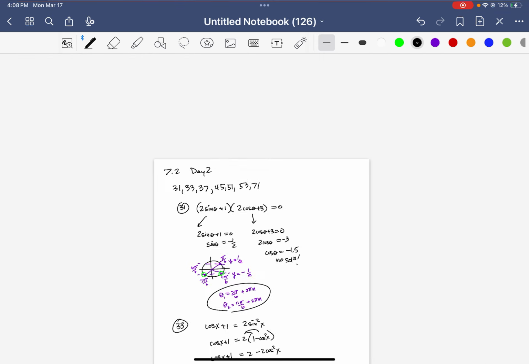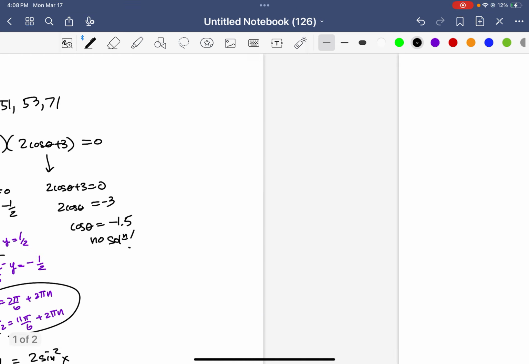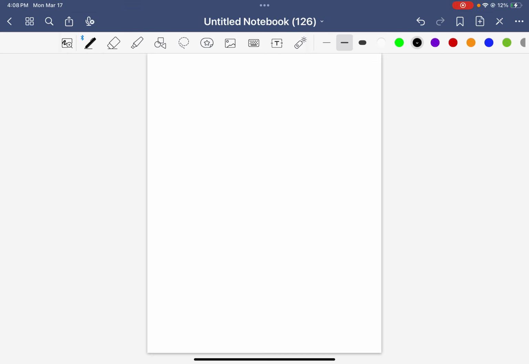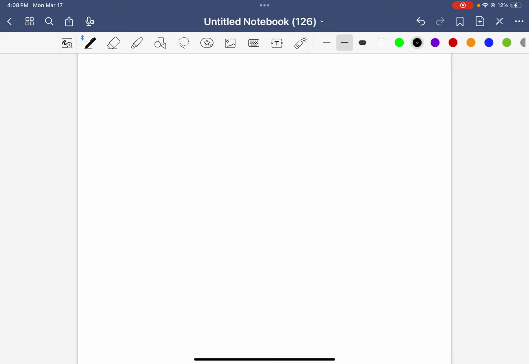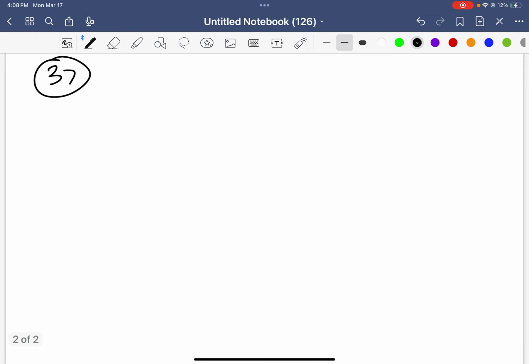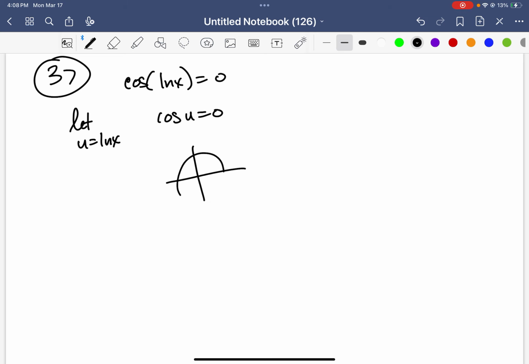So that's 33. After that, I have 37. 37 wants to know, where's the cosine of the natural log of x equal to 0? Well, I'm just going to let u be equal to ln x. So I just want to know, where's the cosine of u equal to 0?